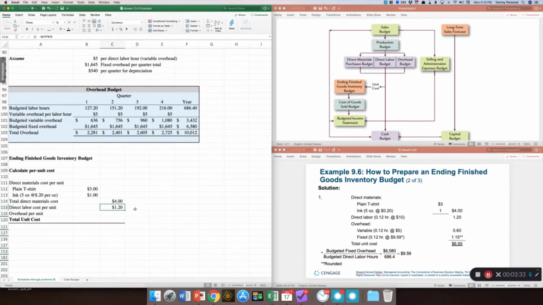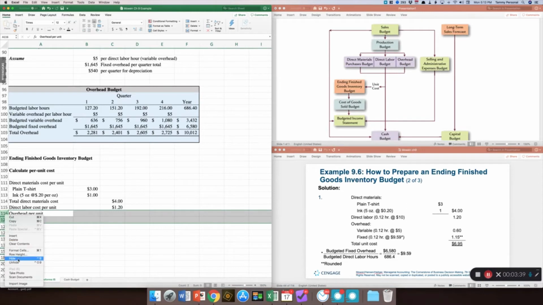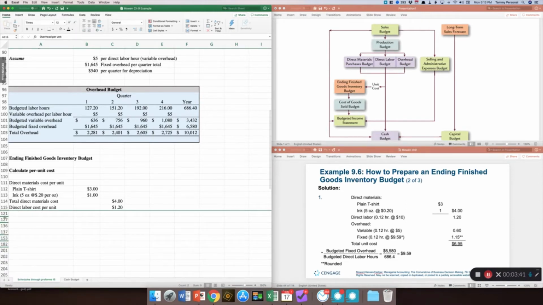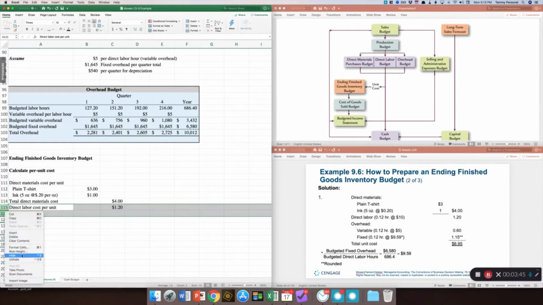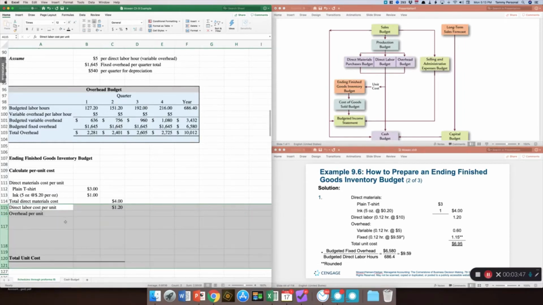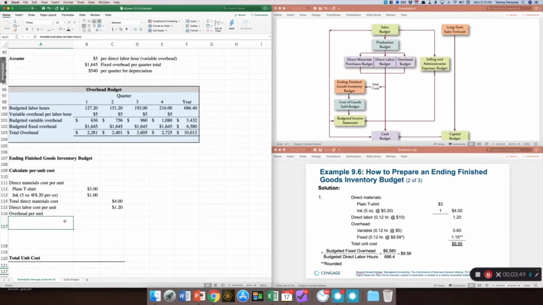Now, overhead per unit is a little bit complicated. Okay, so I'm going to unhide all these subsidiary calculations. Unhide. There we go. Okay. Our overhead per unit. So overhead, as you remember, is partially variable and partially fixed, right? So it's our labor hours times $5 an hour.